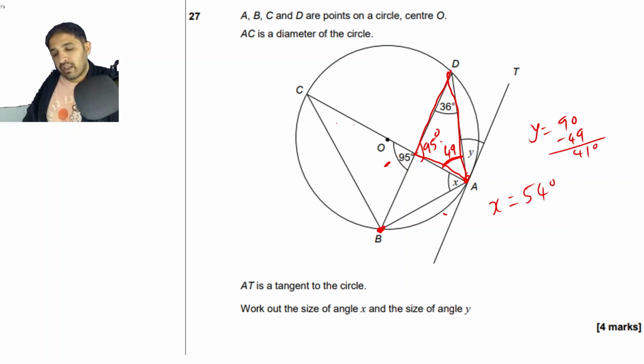And then the angle here, that's 90 degrees. Radius and tangent always make a 90 degree angle. That's another one. So if you know that's 49 and that's 90 degrees, you do 90 take away 49, that gives you Y to be 41. That's another one. And that's about it.